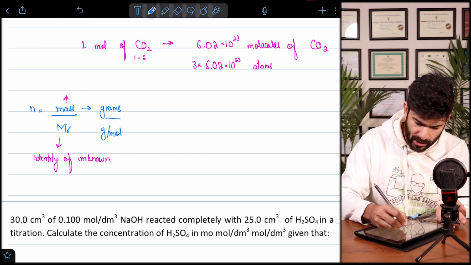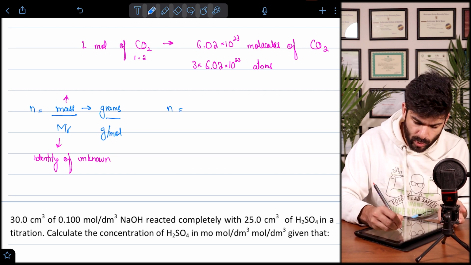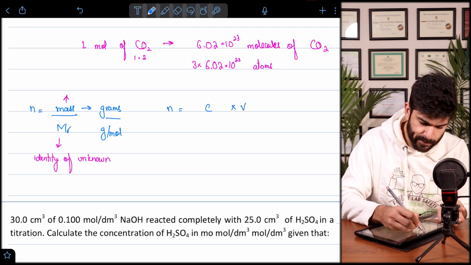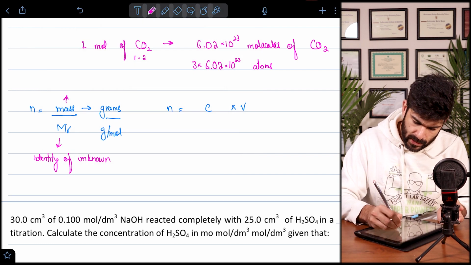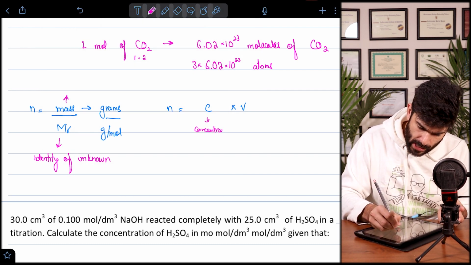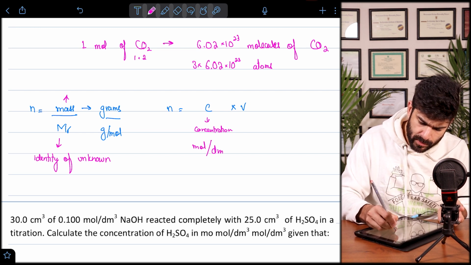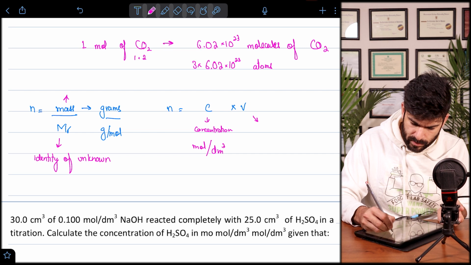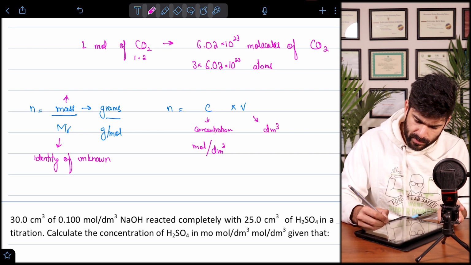Then we have another formula. n equals c times v. c is the concentration, and the unit is mole per dm cube, and volume is taken in dm cube.